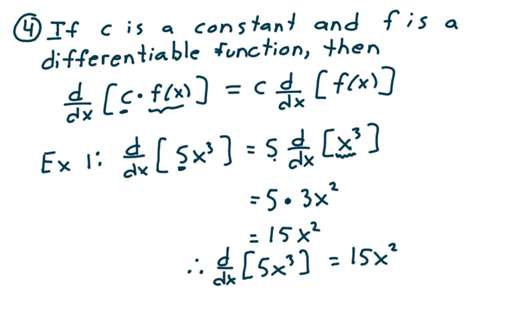And remember that the 5 is going along for the ride. And so this is 5 times 3x squared, okay? But 5 times 3 is 15, so we get 15x squared. And so the derivative of 5x cubed with respect to x is 15x squared.